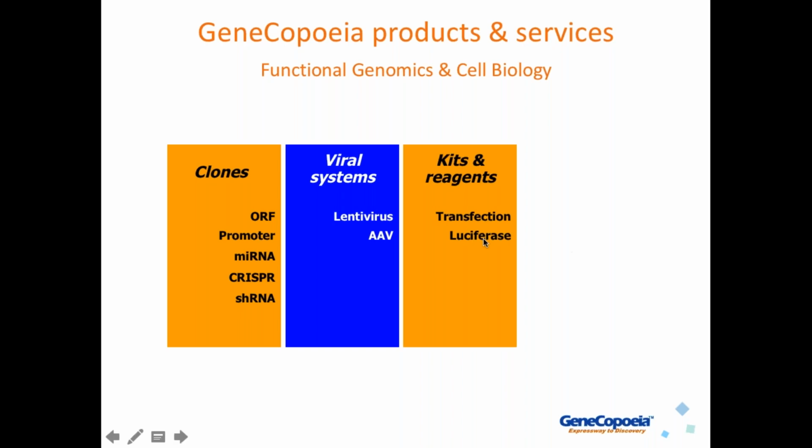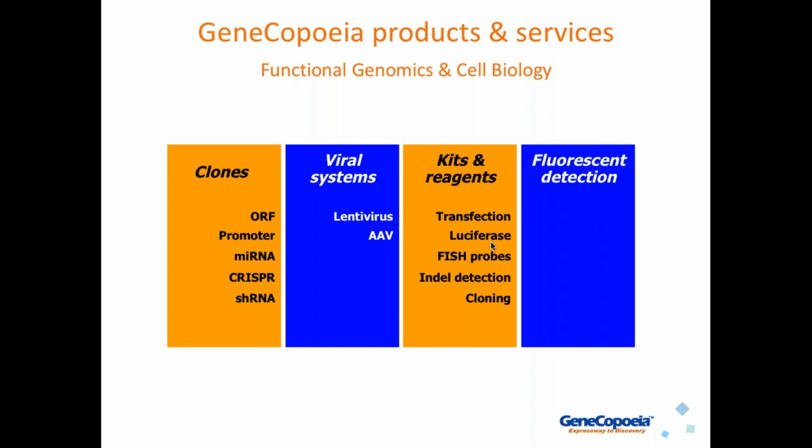We have a lot of luciferase solutions, both traditional Firefly and Renilla based, as well as Gaussia luciferase. Fluorescence in situ hybridization, or FISH probes. Indel detection kits, which you'll hear about as related to CRISPR applications. We offer a number of cloning kits.